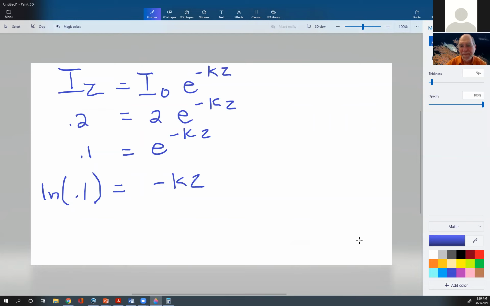Everybody got that? So it's a pretty simple, and interestingly, this is a useful equation because it doesn't have to be negative.